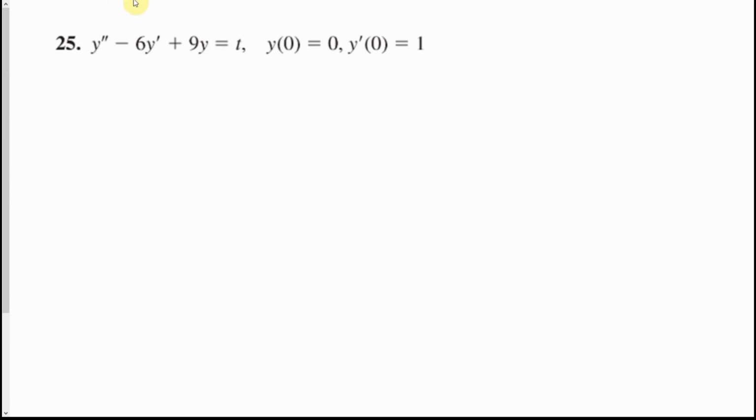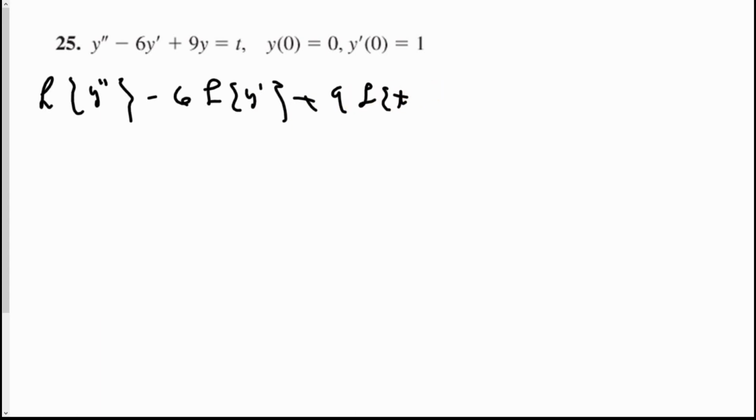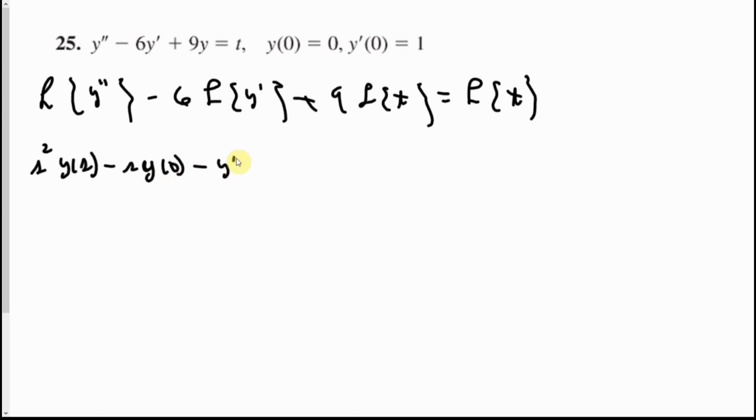So we take the Laplace transform of both sides. I'm going to go ahead and just break this up into parts. Minus 6 times the Laplace transform of y prime plus 9 times the Laplace transform of y is equal to the Laplace transform of t. So this first part is s squared times y of s minus s times y of 0 minus y prime of 0.